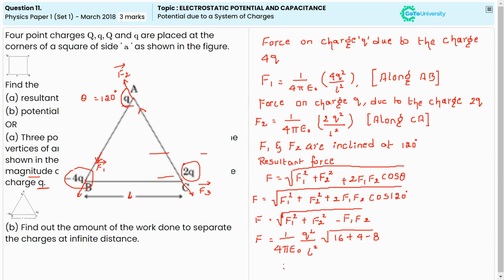Then the final equation is F is equal to 1 upon 4 pi epsilon naught into 2 root 3 Q square divided by L square.